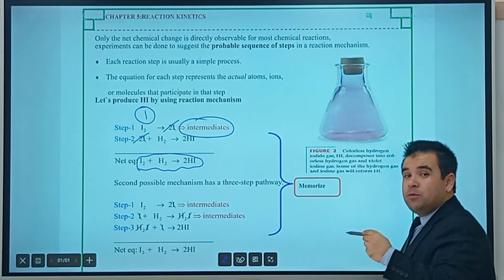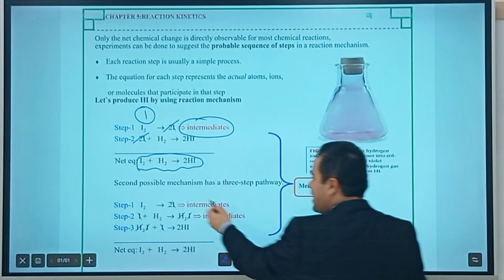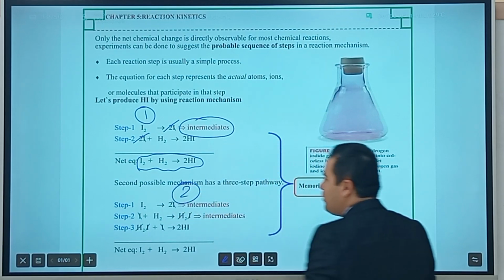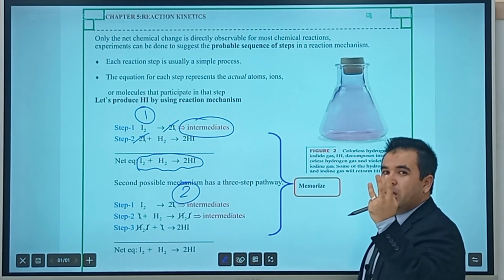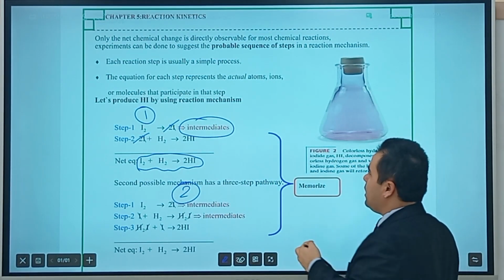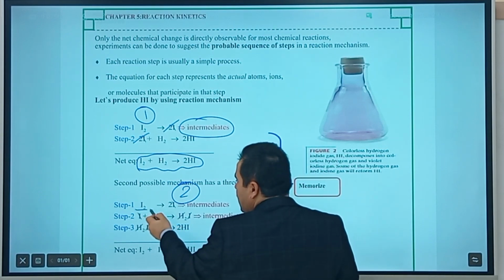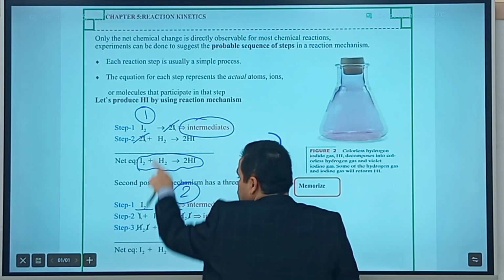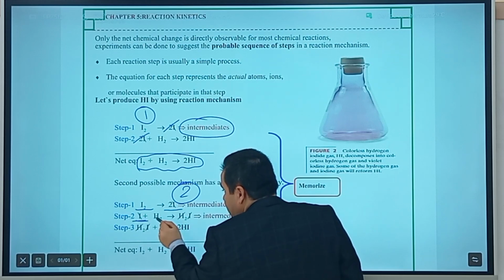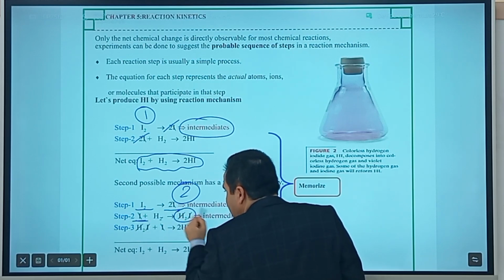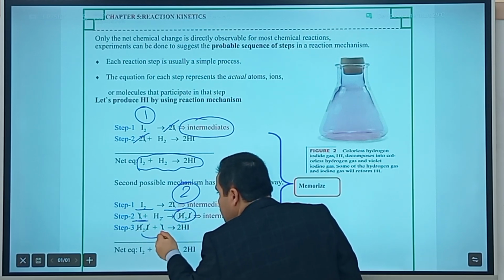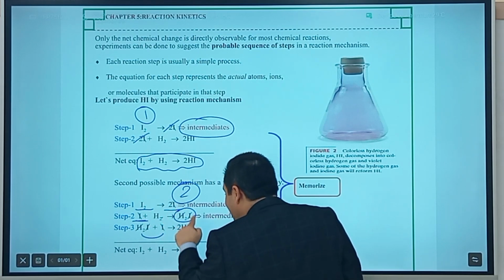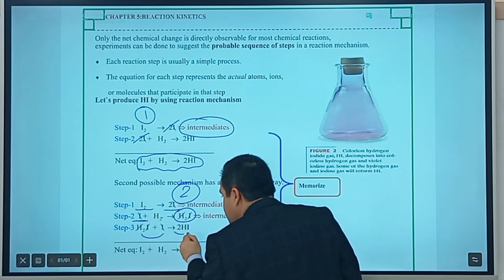The second possible mechanism for the formation of HI follows 3 steps. The first step is the same as in the first mechanism, I2 forms 2I, but instead of both I's reacting with H2, one I reacts with H2 to form H2I, and then H2I reacts with the remaining I to form 2HI.